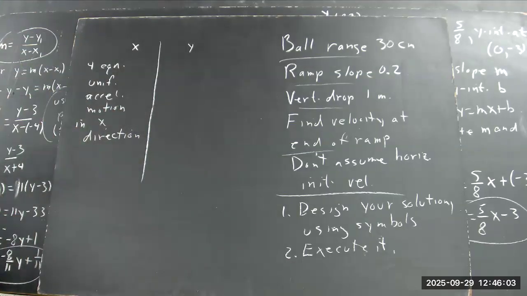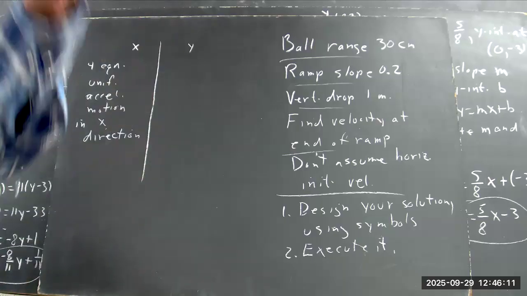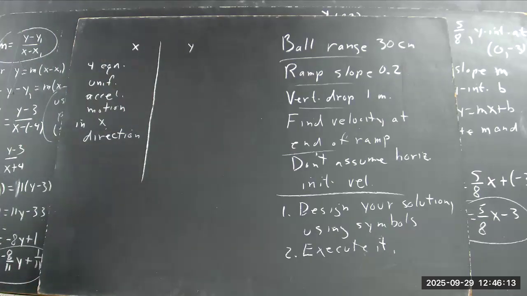You write the forward equation, uniform accelerated motion in the x direction, and I'd write out the full equation. And then I would start working my information into those equations.